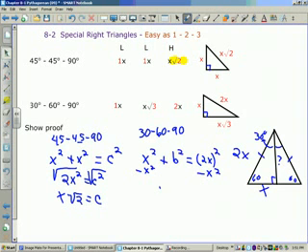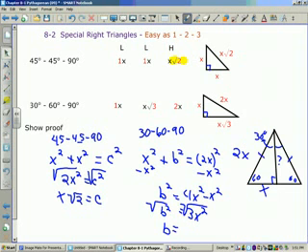So I get b squared equals 4x squared minus x squared. So this is 3x squared. And now if I take the square root of both sides, I get the side I'm trying to find out is x roots of 3. And it's always the side opposite the 60-degree angle. So that's how we come up with these ratios.